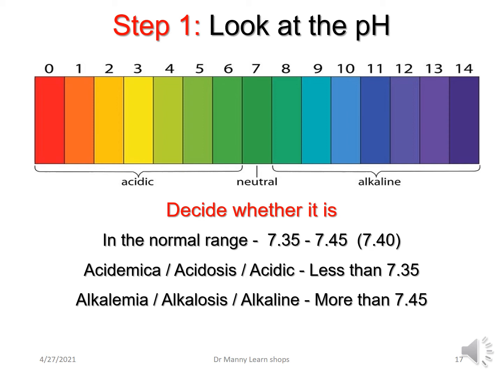It's a very narrow range, 7.35 to 7.45. Less than 7.35 indicates an acidosis, acidemia. More than 7.45 indicates an alkalosis, alkalemia. None of which your body likes.